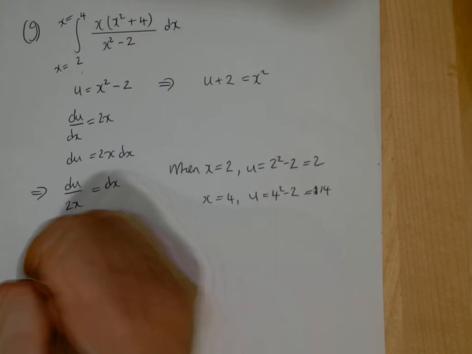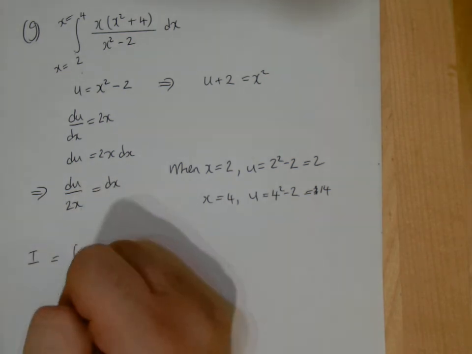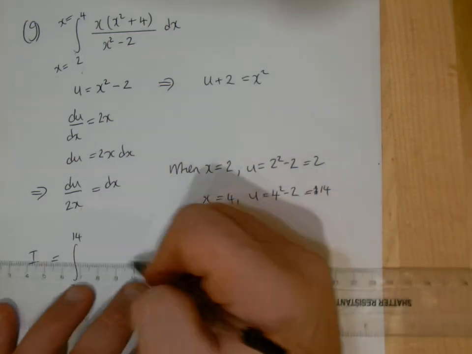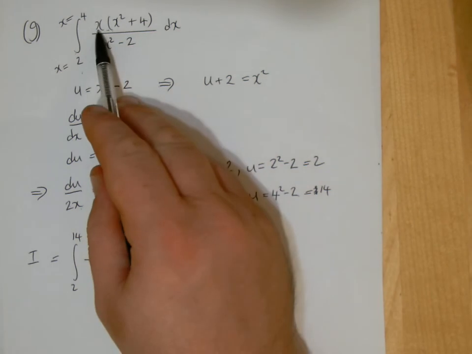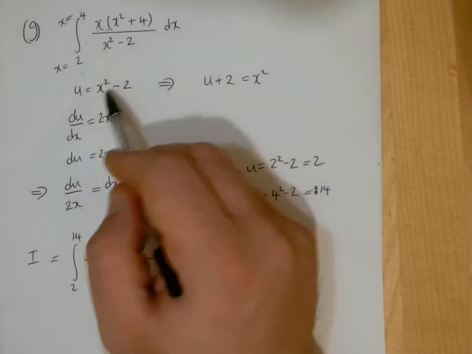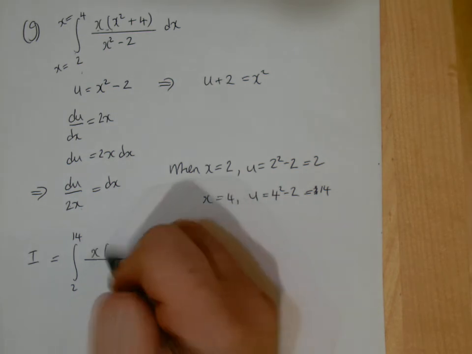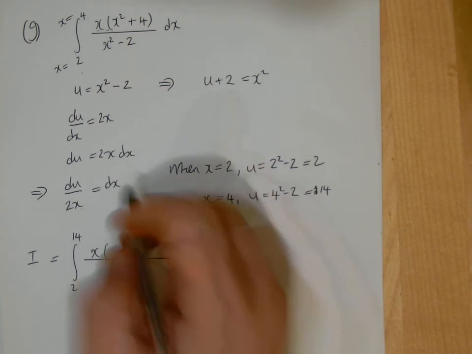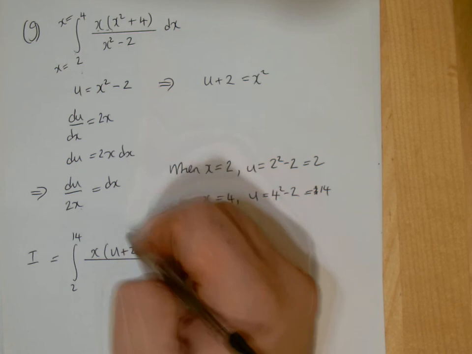Alright, so let's go for the integral then. We've got the integral between 2 and 14. Now remember, there wasn't a way we could work out what x was equal to from here, because it would be too messy. So I'm going to leave the x where it is. In that bracket then, my x squared is u plus 2, and then don't forget there's a plus 4 as well.